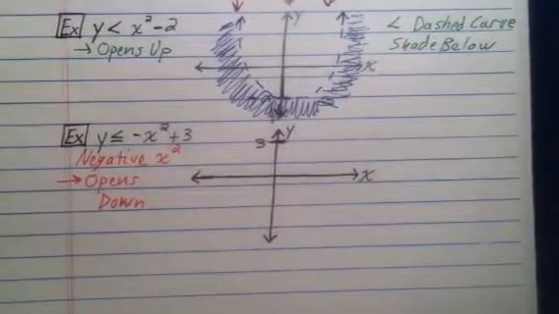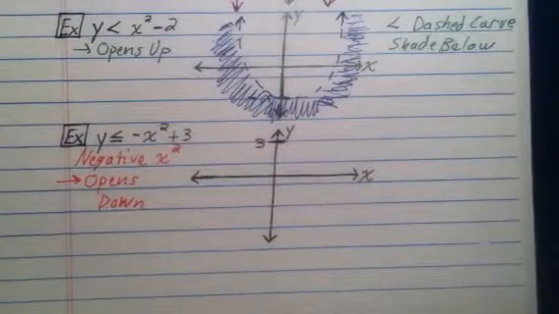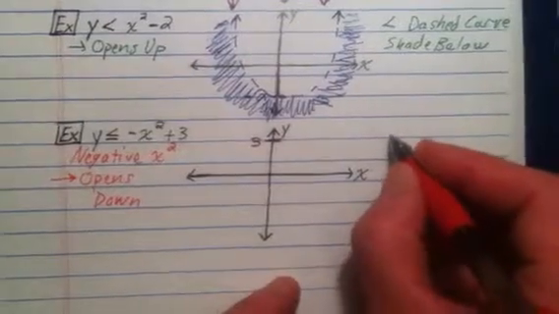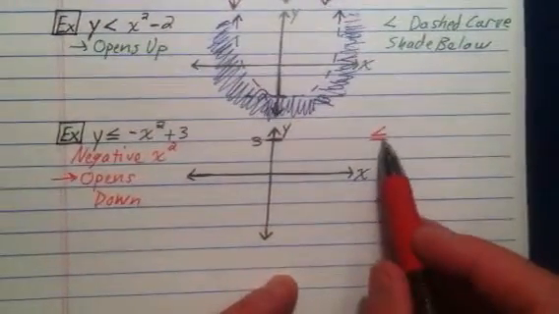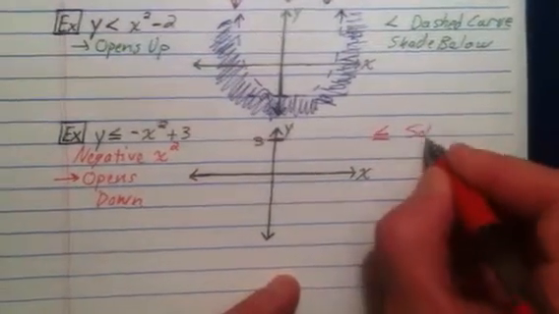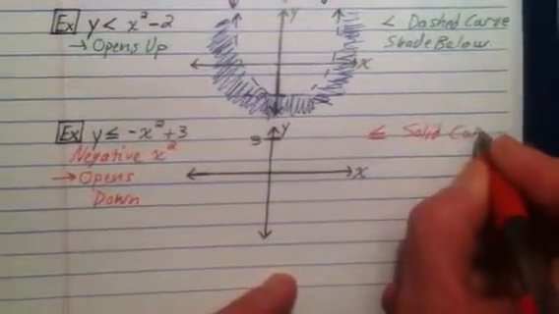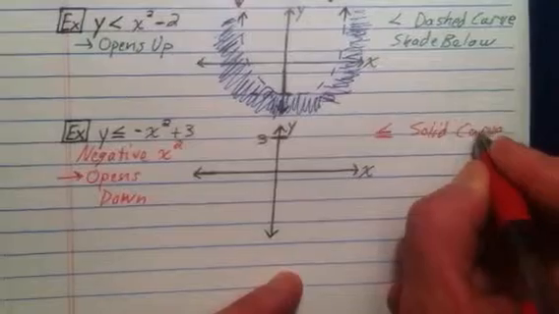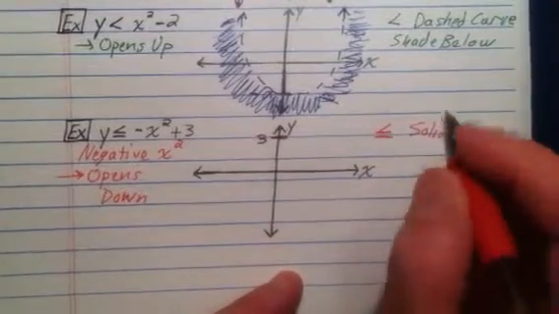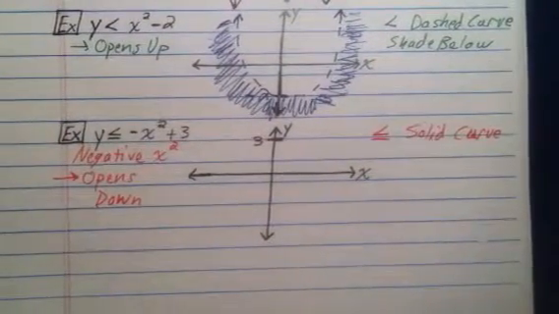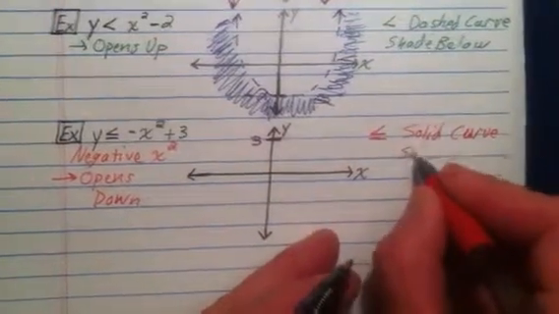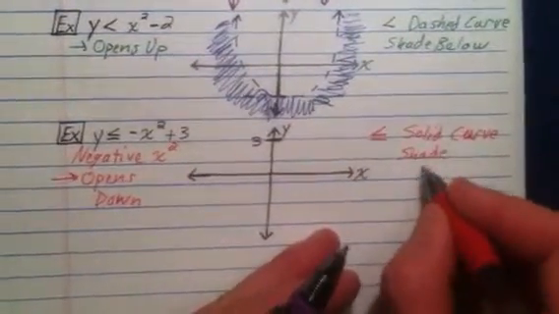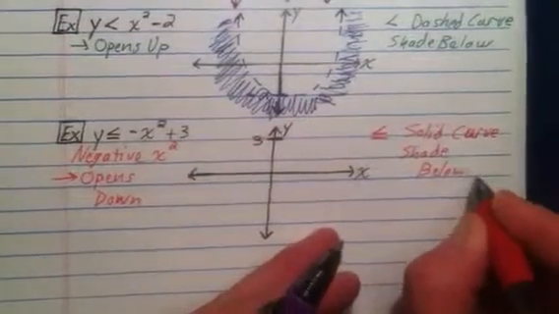And we look at our less than or equal to symbol to tell us what kind of curve it's going to look like. Less than or equal to tells us we're going to make a solid line or a solid curve. Okay. And also, because it's less than, we are going to shade below that curve.